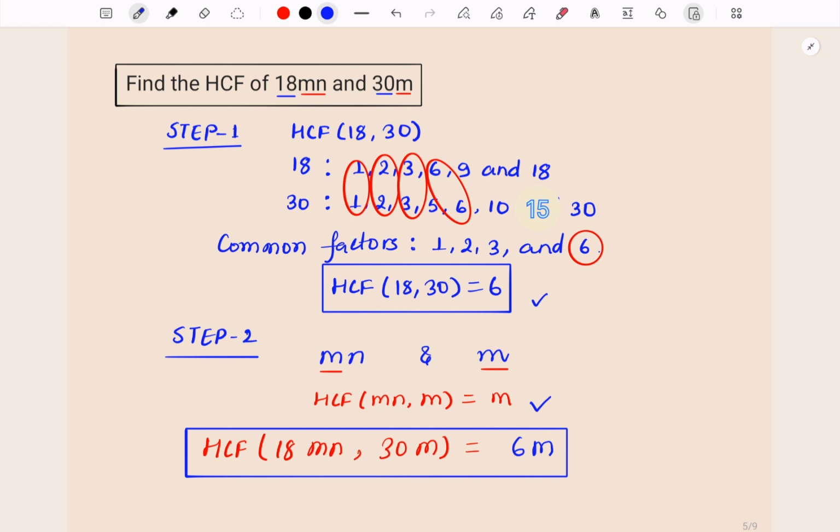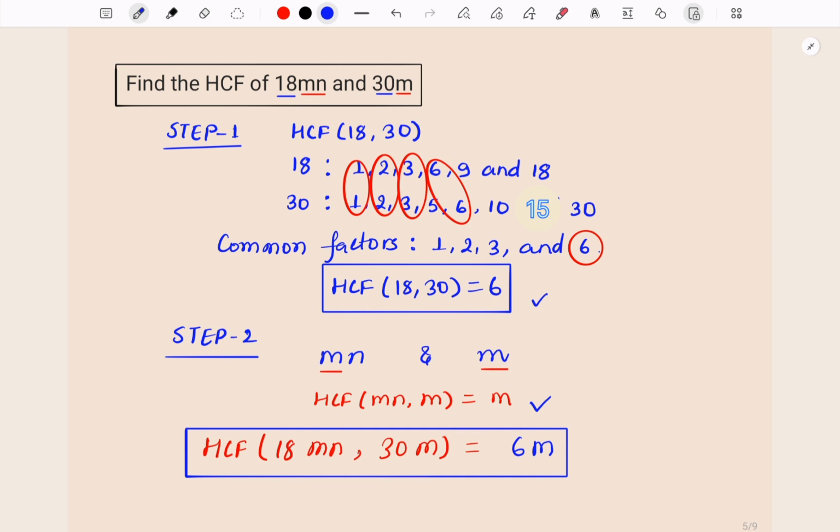Remember that you need to include only those letters that appear in every term. Here in this example, we have mn in the first term and m in the second term.